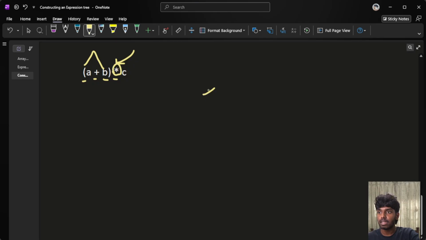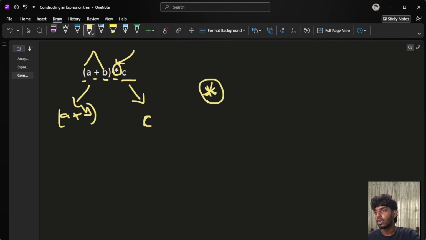So the multiply sign will become the root of our tree, and then the expression is split into two parts. This one will be the right sub expression, and this one will be the left. We begin with the left side.